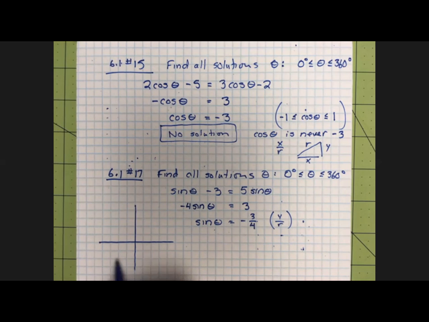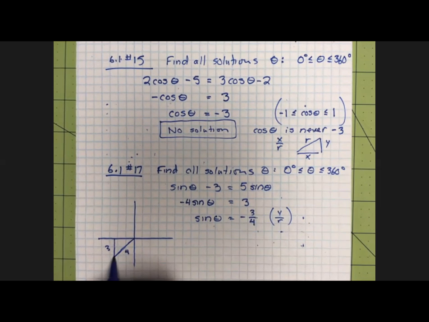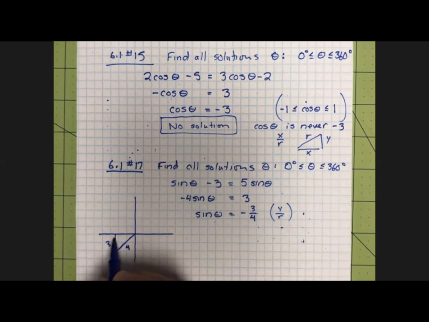So I'm thinking it's going to look something like this. I haven't filled in the details yet. And remember, this side is going downwards. So this y value is -3. And the radius is 4. This would give me a sine of -3/4.